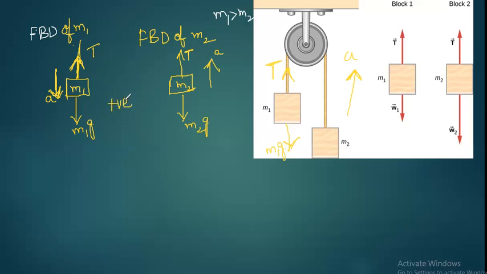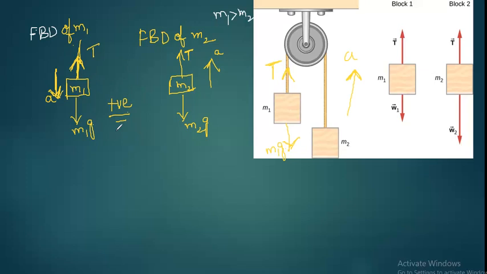I explained it in the last video also. You check. Here you observe that the body is moving downwards. So if the body moves downwards, then the forces in the downward direction should be positive. Then the remaining, that is upward forces, should be negative.